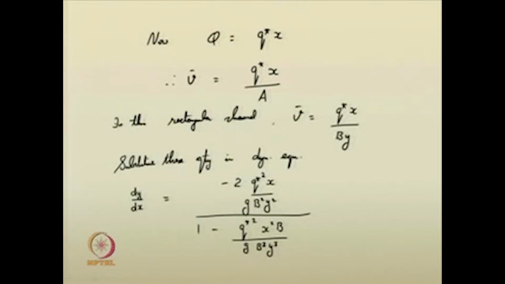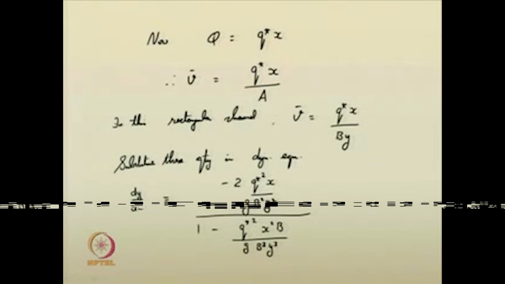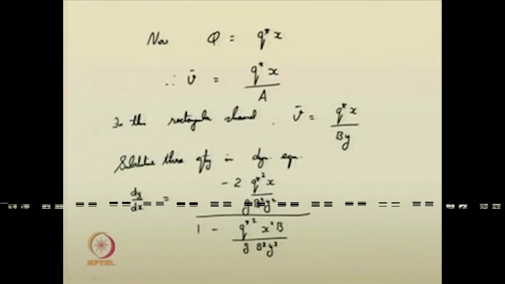So, we have just substituted all the quantities. You know what Q is. So, Q is equal to q star x, that is substituted here. Instead of the top width T, we have substituted the width B, and we got this.